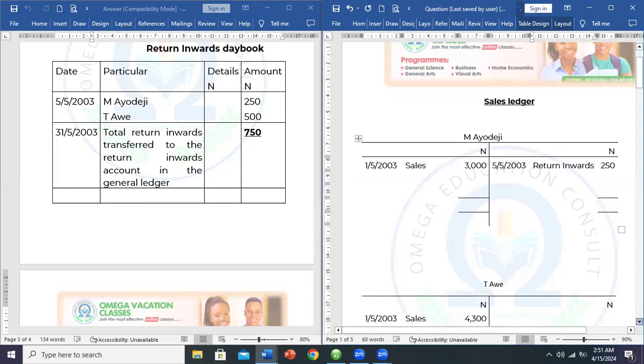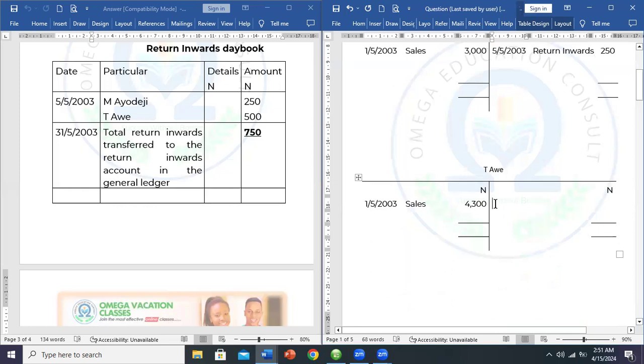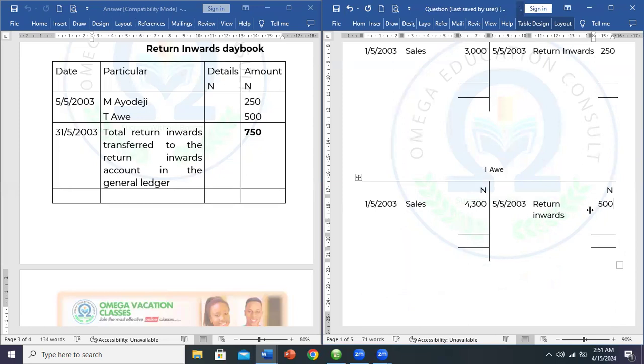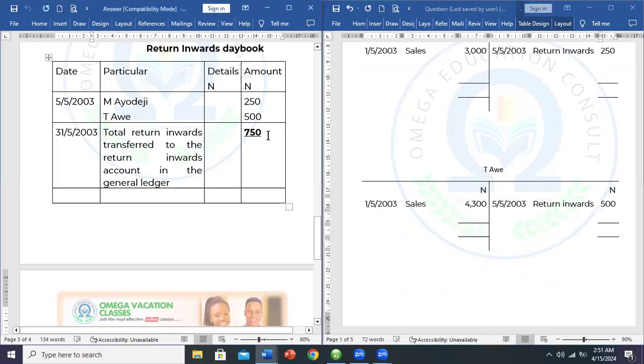So we go there and also credit T. Aware with that amount of return invoice, 500. And when you are done, you need to also transfer the total of 750.